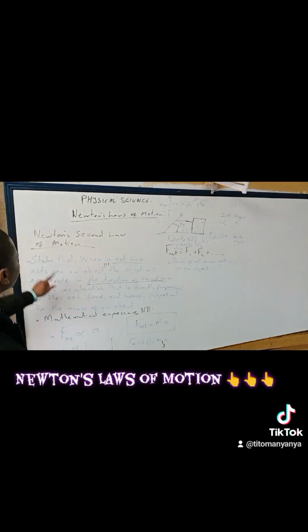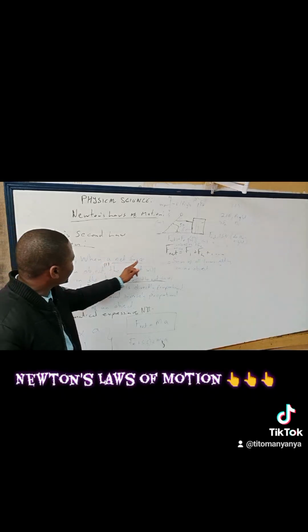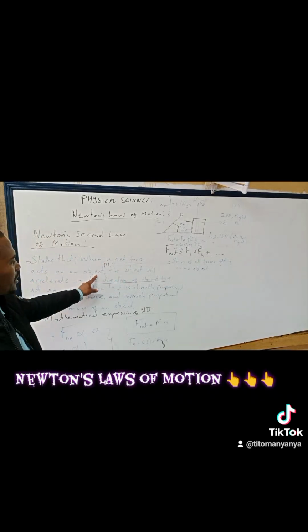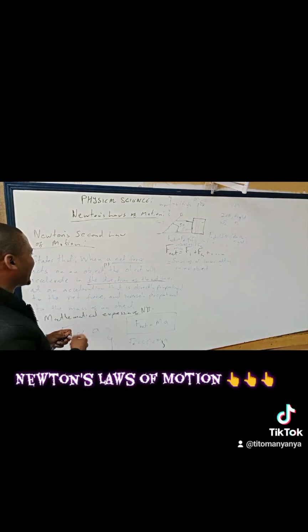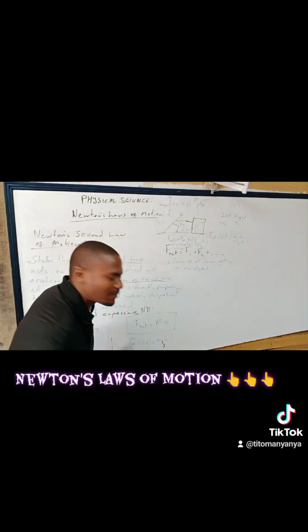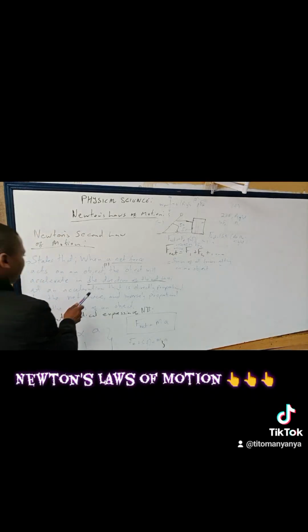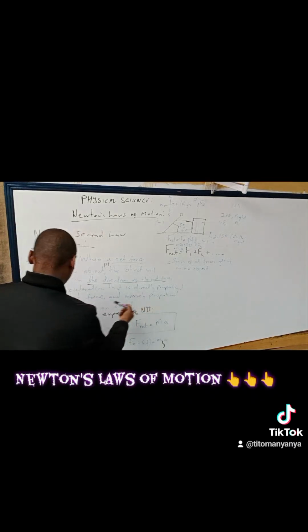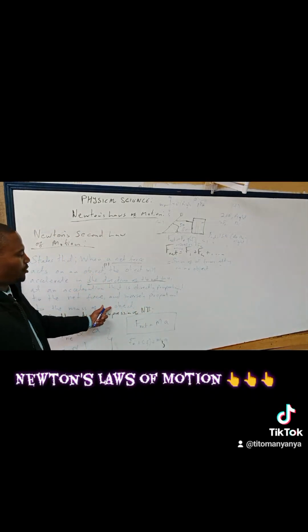Newton's second law states that when a net force acts on an object, the object will accelerate in the direction of the net force, at an acceleration that is directly proportional to the net force and inversely proportional to the mass of the object.